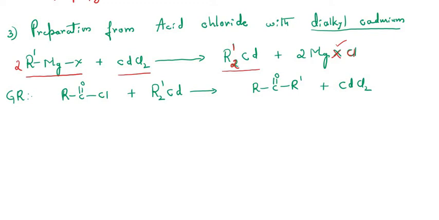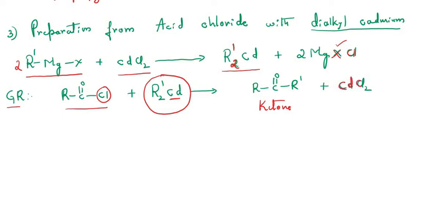Now if you see the general reaction, acid chloride RC double bond OCl is treated with dialkyl cadmium R'2Cd, and after reacting we will be getting our compound called ketone, right? But here what happens, students? This Cd goes out with Cl, but cadmium is divalent, so we have written here CdCl2.